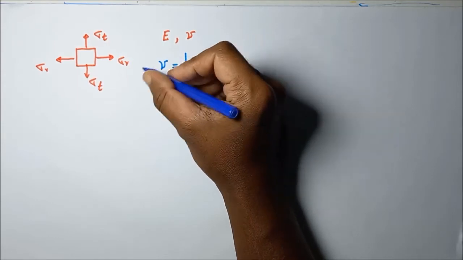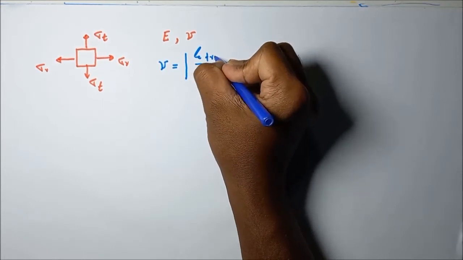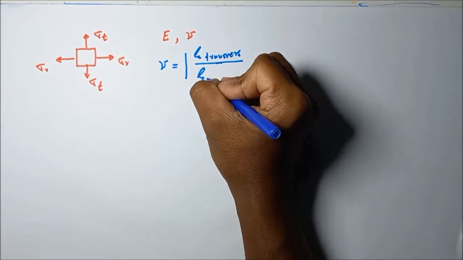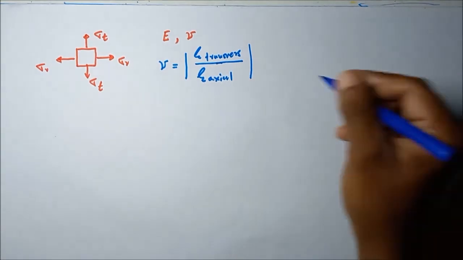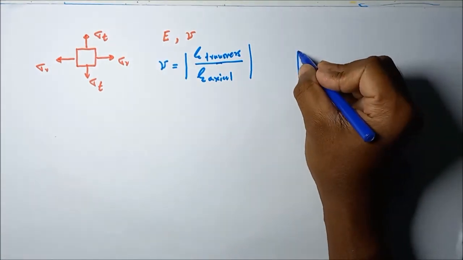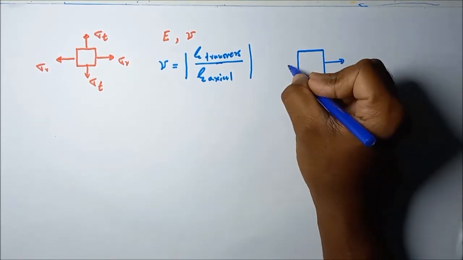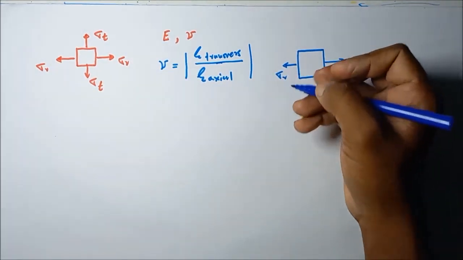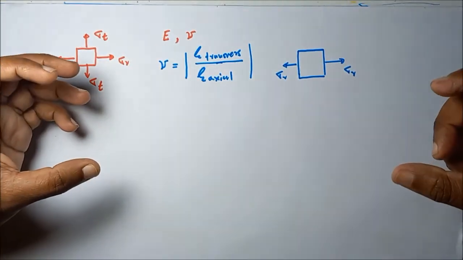The Poisson ratio is defined in this way: in a biaxial stress system, strain in the transverse direction to strain in the axial direction is called the Poisson ratio. What it means is, if we stretch the element in this direction, because of this sigma r, it will stretch in the r direction.